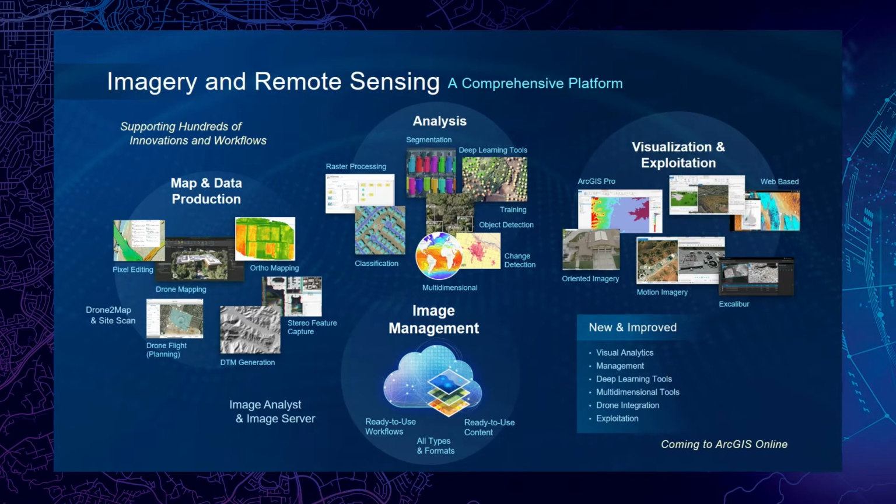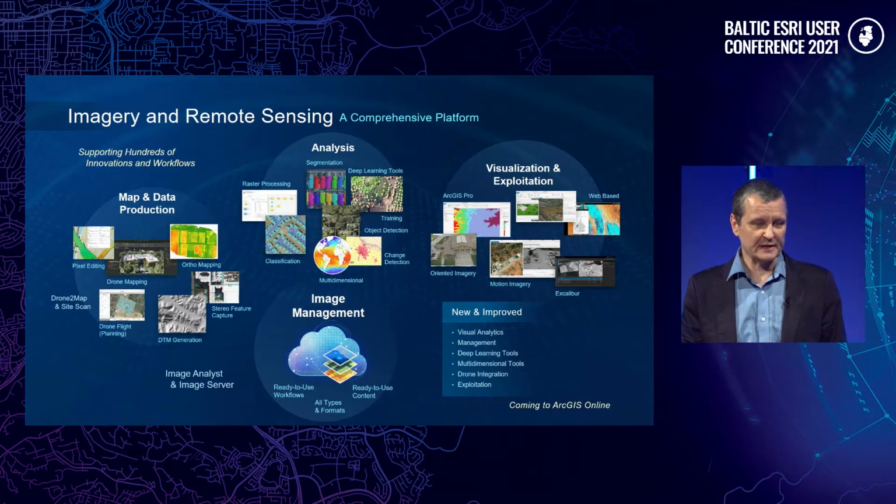It also provides tools for doing high-end analytics, classification, segmentation, all the things that image processing people do. The 4th category is exploration and visualization. To highlight one aspect of this is ArcGIS Excalibur, a web-based tool that allows you to use oriented imagery from satellites for image analysis.